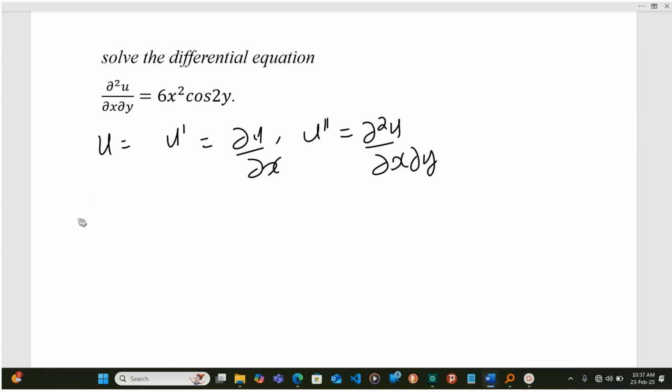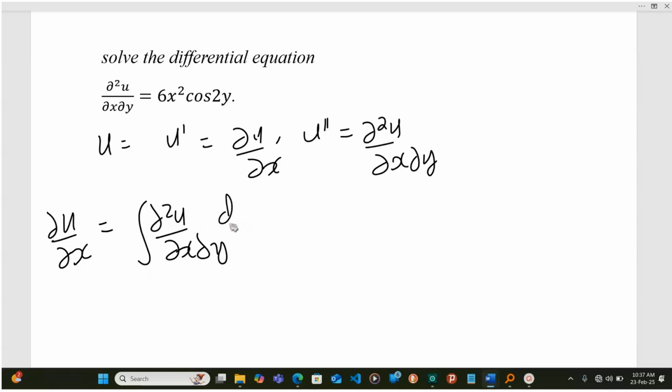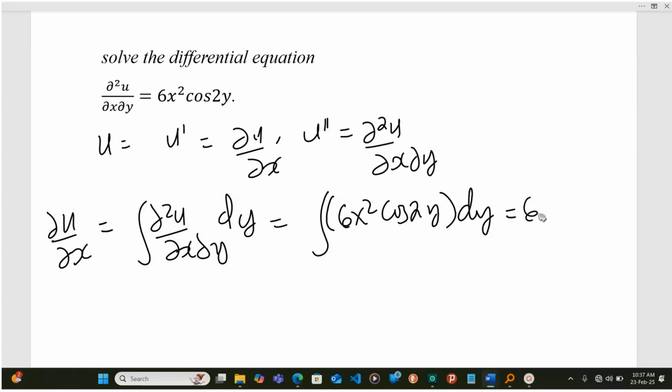So first of all, I will have del u, del x, which will equal integrating del 2u, del x, del y with respect to y. This is equal to integrating 6x squared cos 2y with respect to y. And this becomes 6x squared, and when we integrate a cos, we get a sine, 2y, divided by 2.